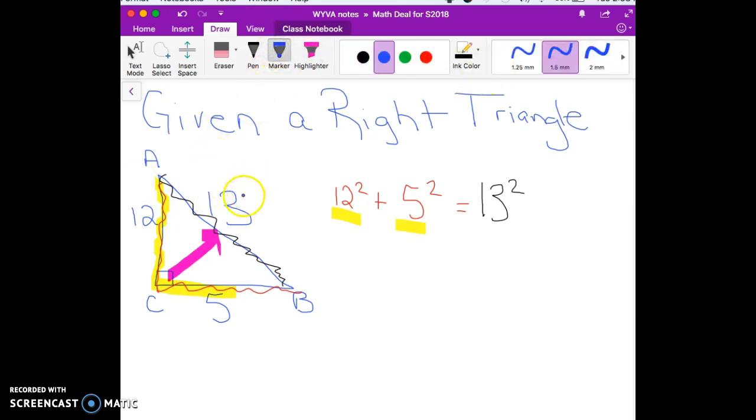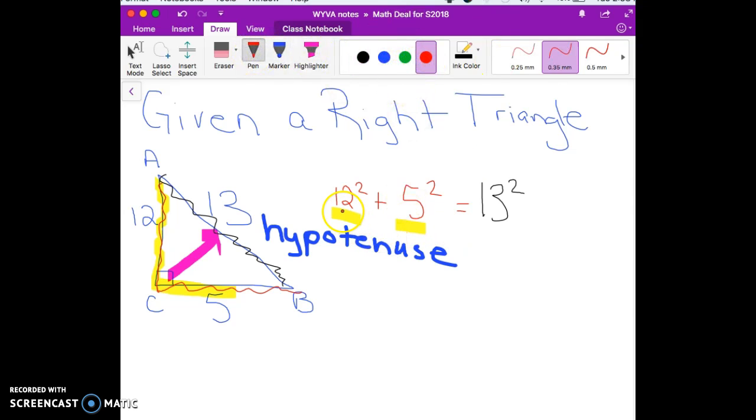So hypotenuse, big fancy word, has to be my longest side. Has to be. So let's check this out. Is this true? 12 squared, well, if I grab my calculator, 12 times 12 is 144.